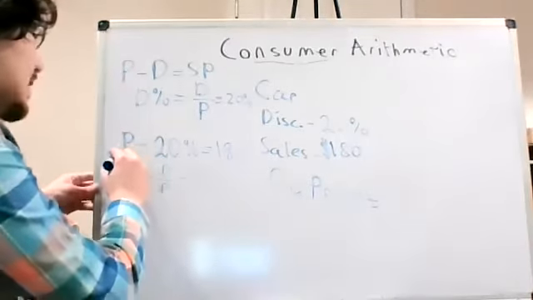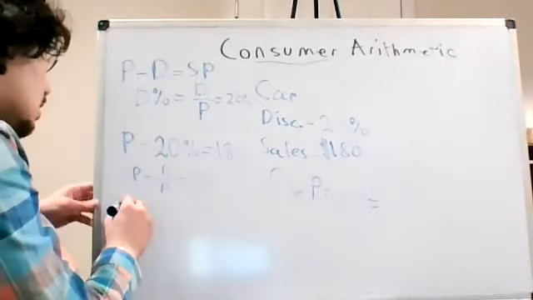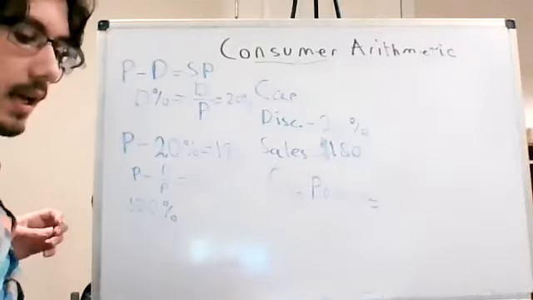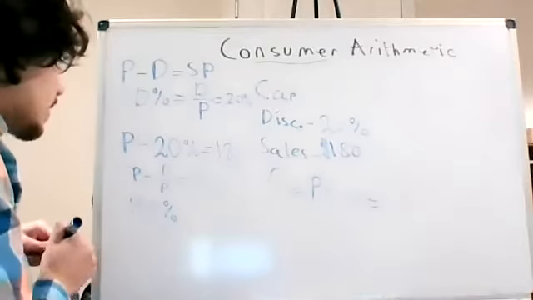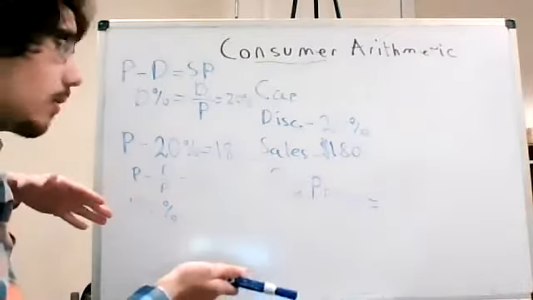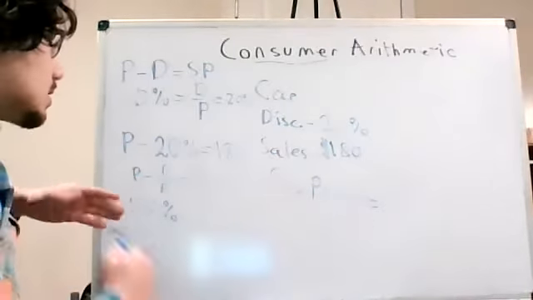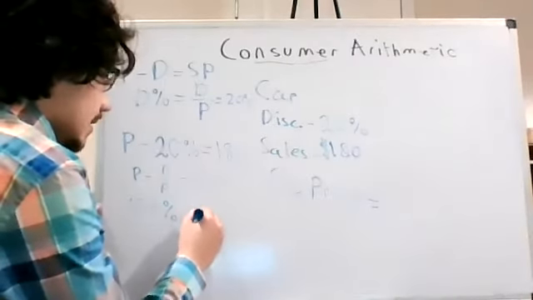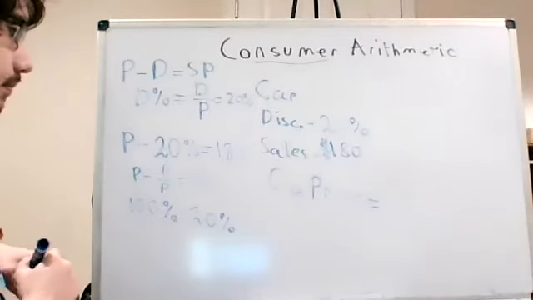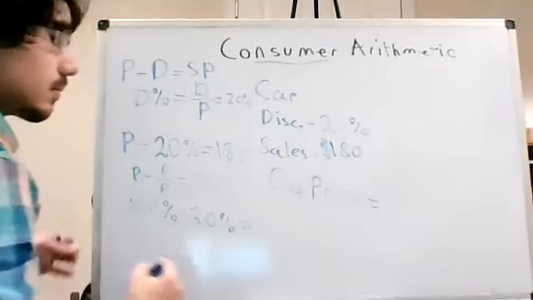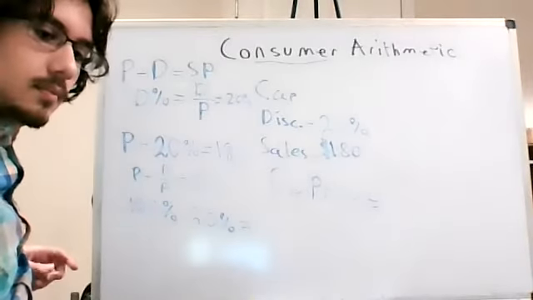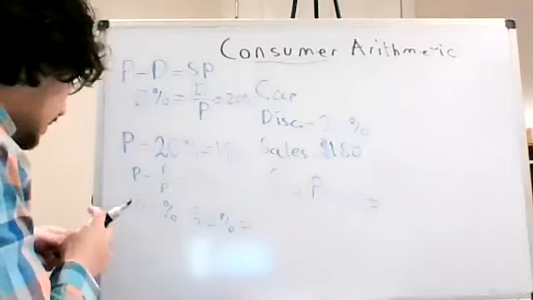As it is right now, the original price always starts at 100%. And when we take away from a discount, we are taking away 20% from 100%, because 100% is a whole, and that's what the original price means. So when we take away 20% from 100%, how much are we left with? 80%. Correct.